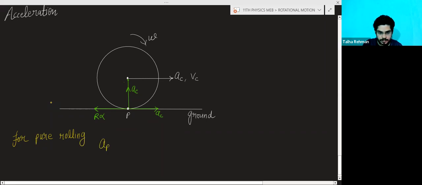What is the net acceleration of point P? So you can write acceleration of point P minus acceleration of ground is equal to 0.